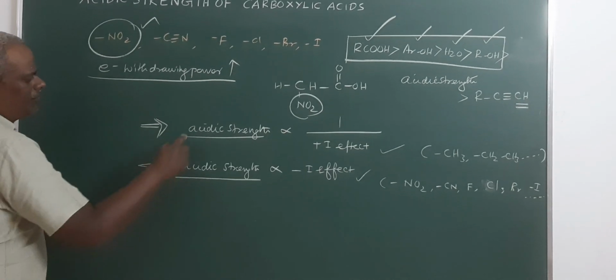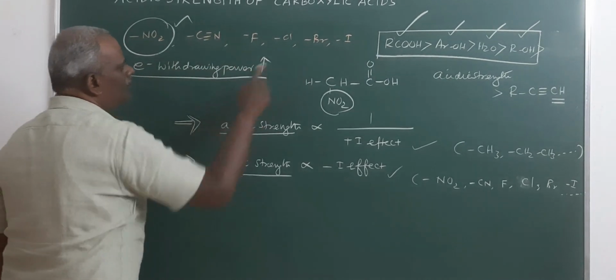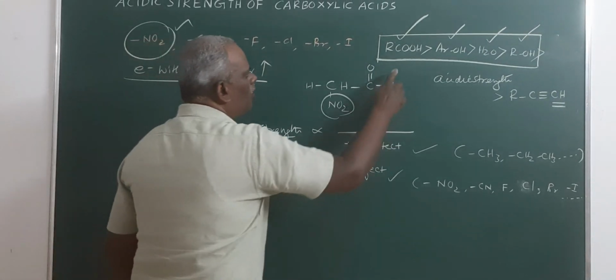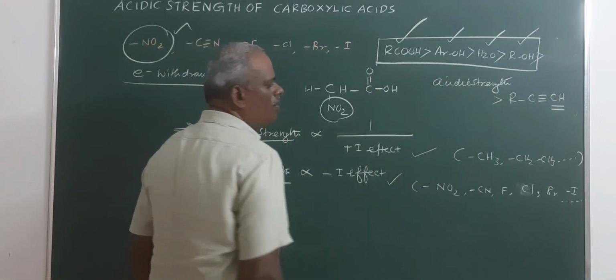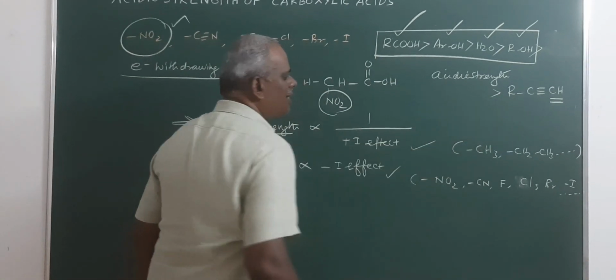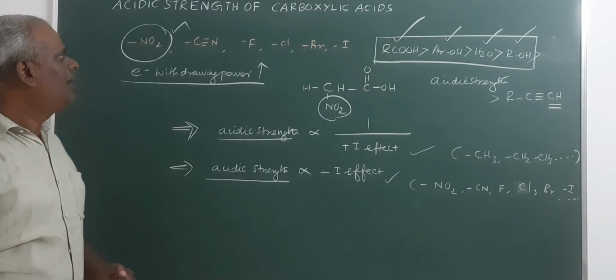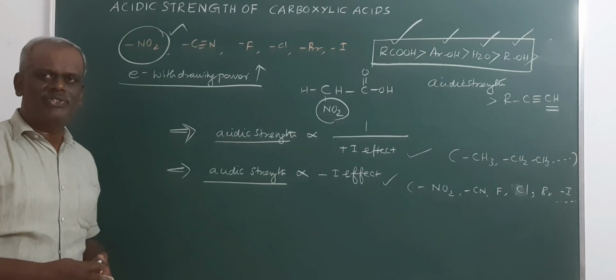And based on these two, we can say the acidic strength decreases in this order. And moreover, among various organic compounds, this is the strongest and this will be the weakest acid. So this is about the relative strength of carboxylic acids.